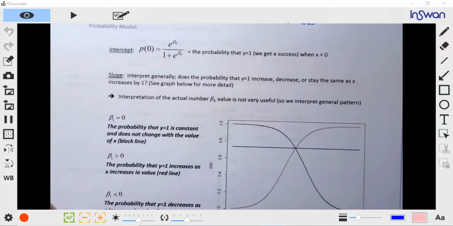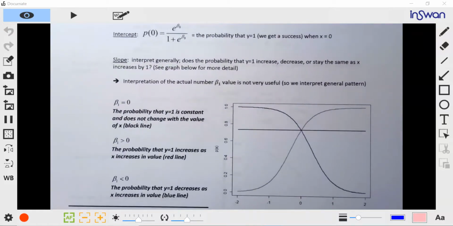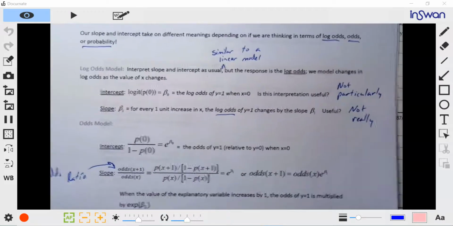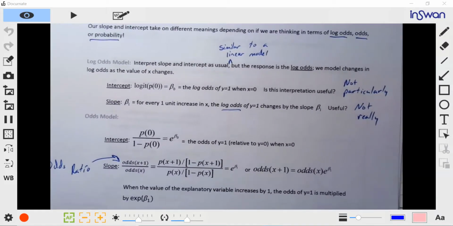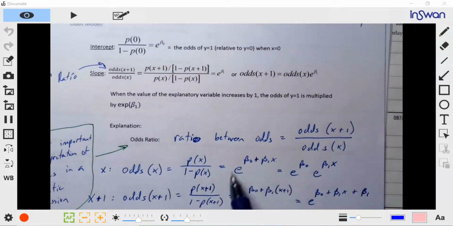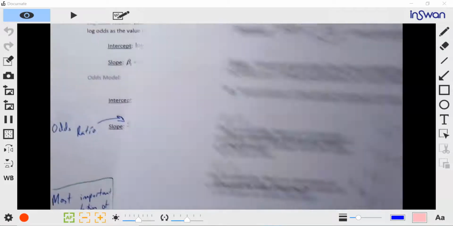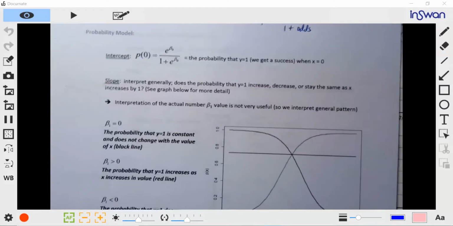For the slope, it's actually a little difficult to give a general interpretation of the slope. One thing you can always do, of course, is once you have your linear model, once we have e to the beta 0 plus beta 1x, we could definitely plug that whole model into the probability conversion formula, which we'll do below.